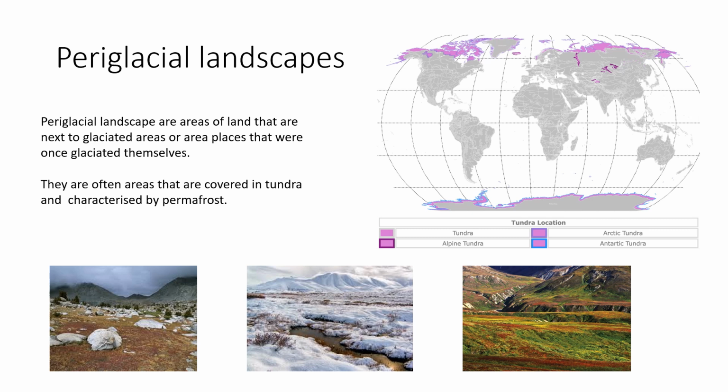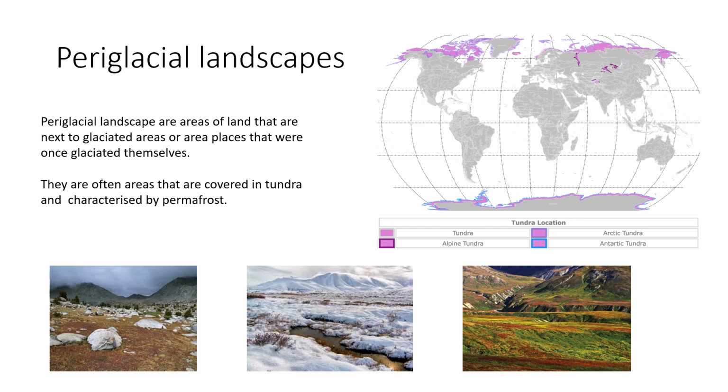So first of all, a little reminder about what periglacial landscapes are. Peri means next to, so these are landscapes that are next to glaciated environments. They are indicated on the map in purple. They very often have permafrost as a key component, and we'll come back to that a little bit later on.